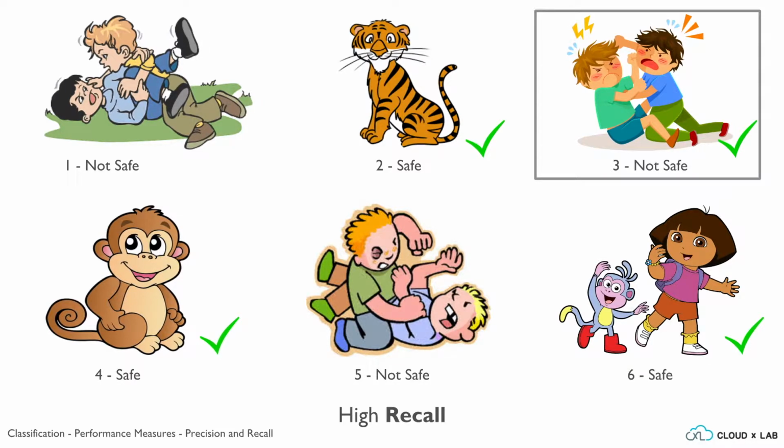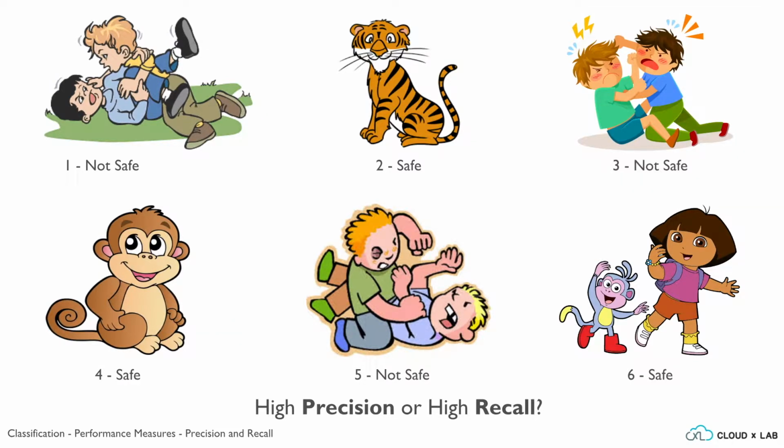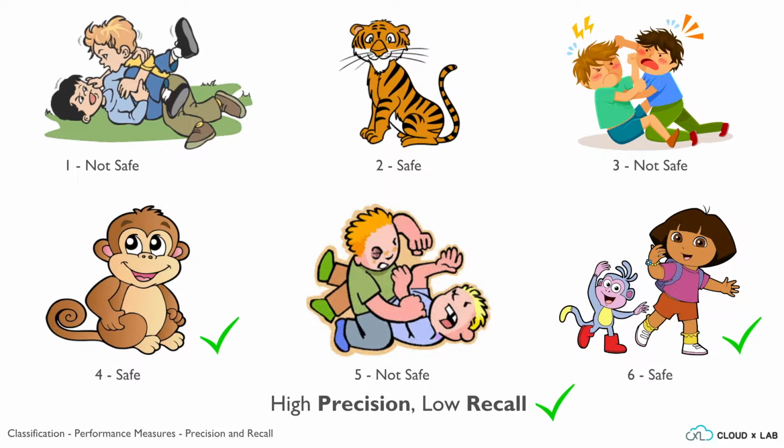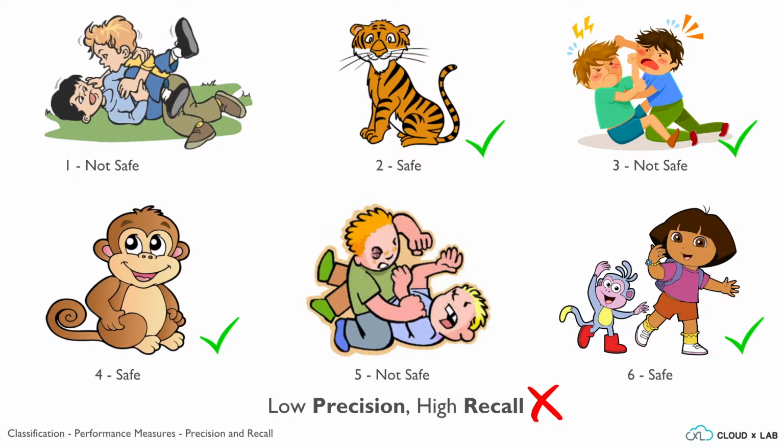So, the question is, will you prefer high precision or high recall for this task? We would prefer a model which has high precision. It is okay if the model rejects many good videos but keeps only really safe ones, instead of having high recall and classifying a few really bad videos as safe for kids.